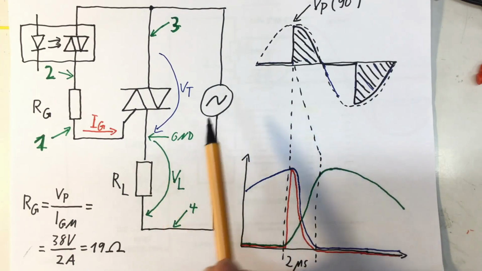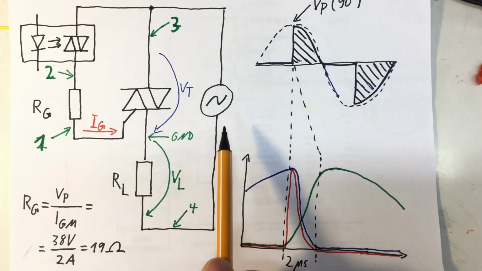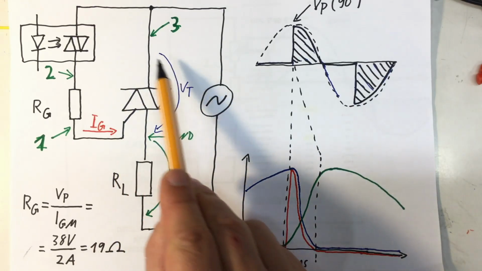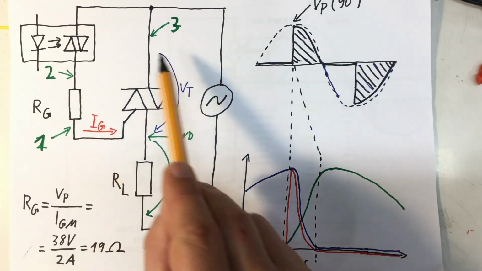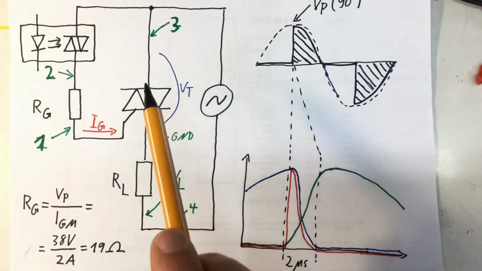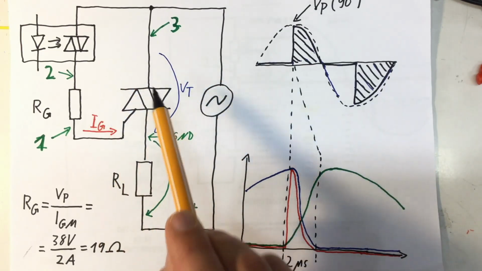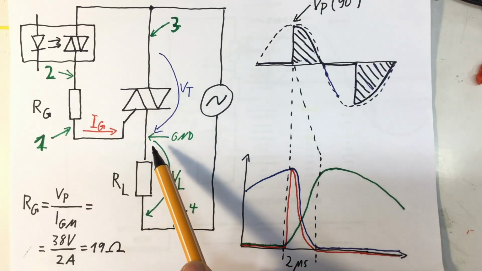Was it designed for 110 volts? Was it designed for 220, 230, 240? And you should know now where to look in your datasheet to find out what current your TRIAC actually can take as repetitive peak gate current.